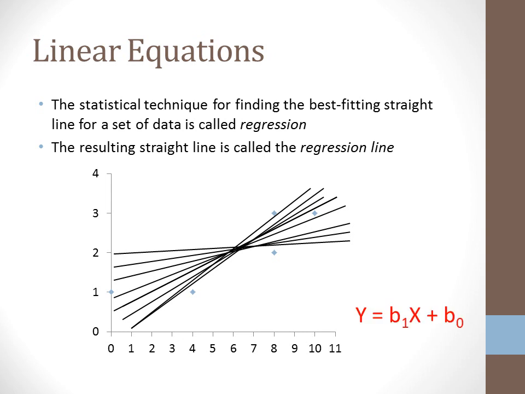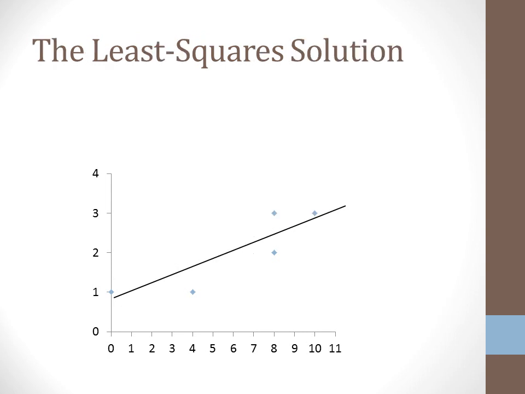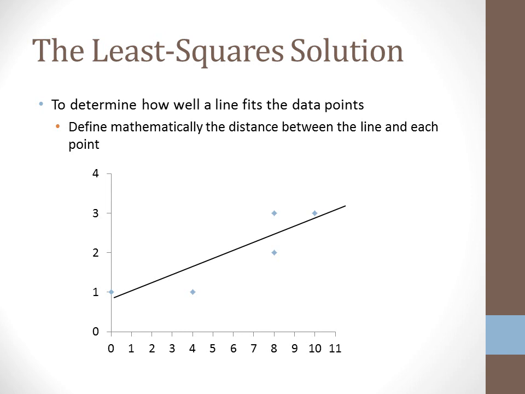In other words, we want to find the line where y hat equals b sub 1 x plus b sub 0. And to do this, we use the least squares solution. In other words, to determine how well a line fits the data points, we must first define mathematically the distance between the line and each data point.